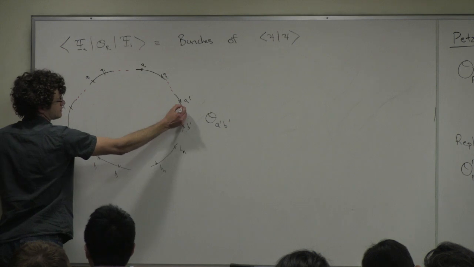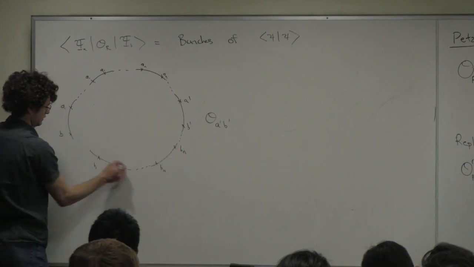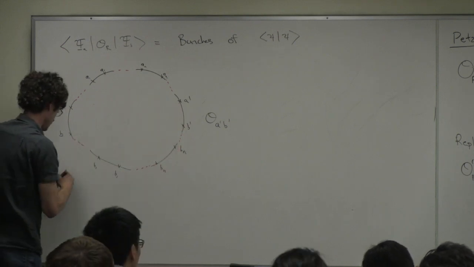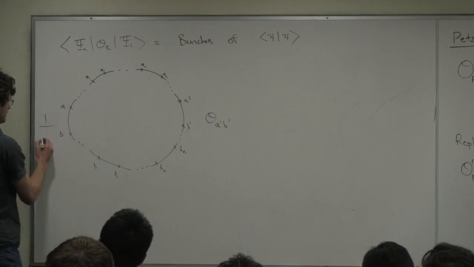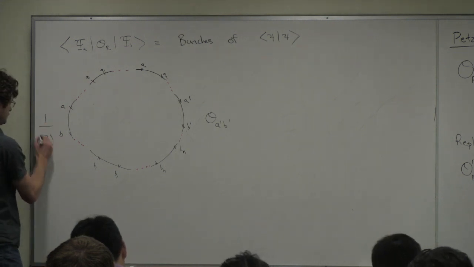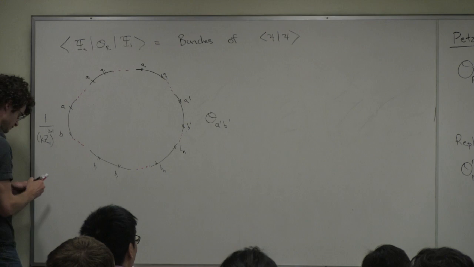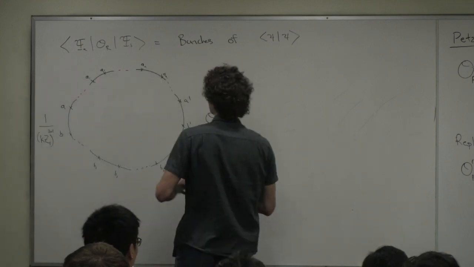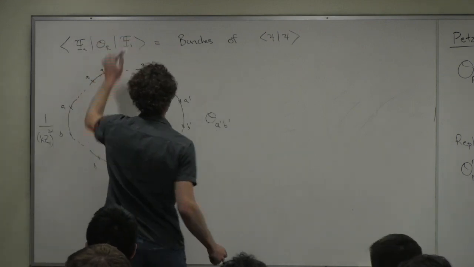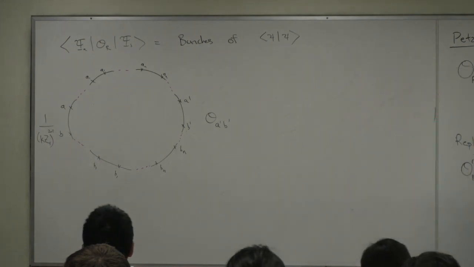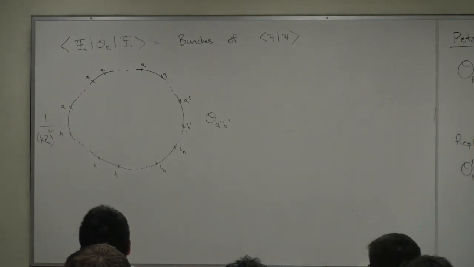And these guys are all connected by end-of-the-world brane index loops. So that's that. And there's a normalization factor to make all the states normalized, which is 1 over k Z_1 to the 2n plus 2. Okay, so that's equal to this expression. And our task is now to fill that in with all possible geometries and evaluate the answer.